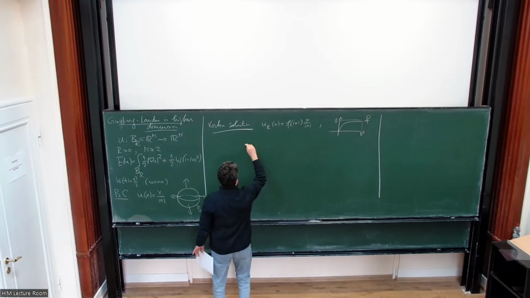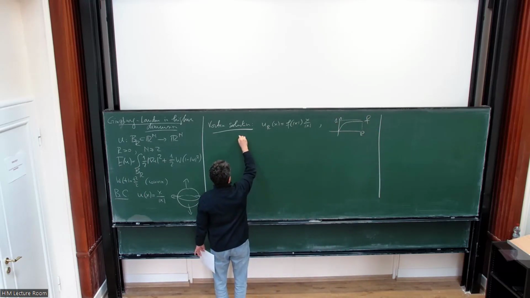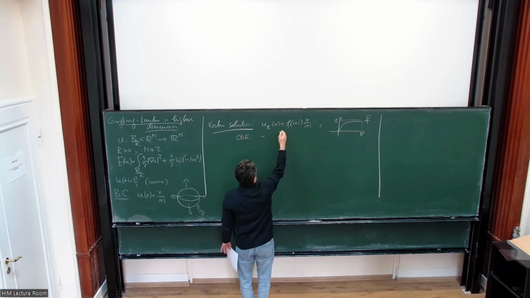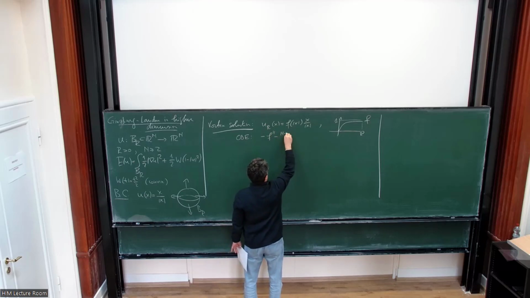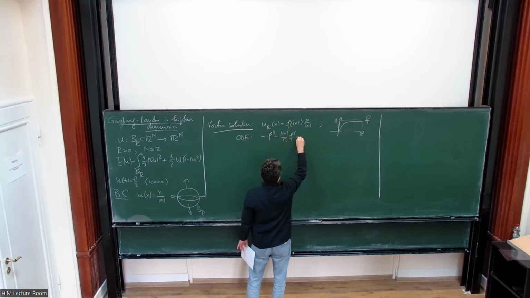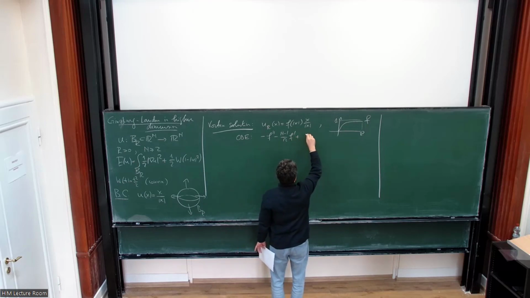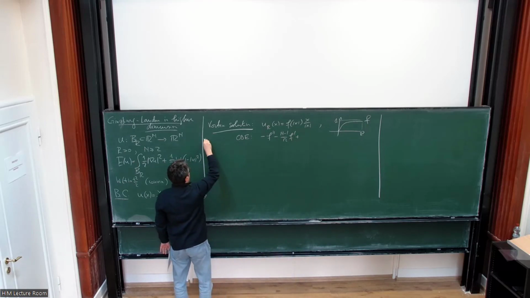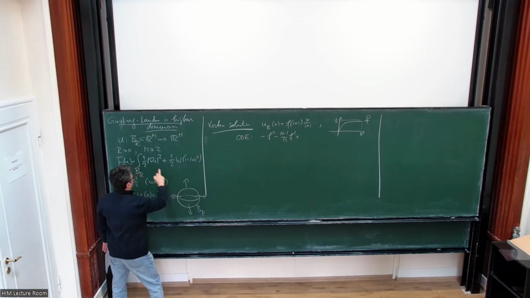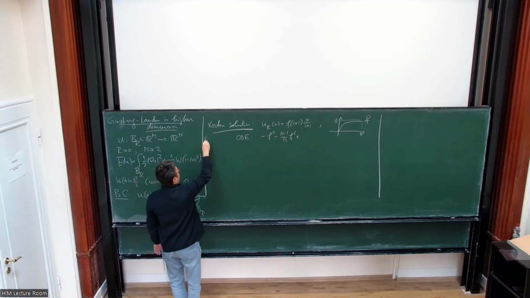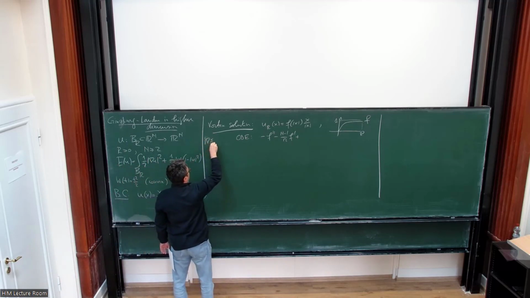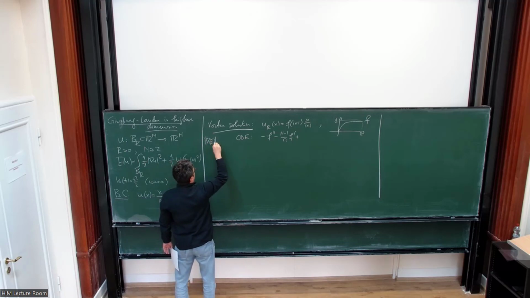Okay, so of course you have an ODE, which is the minus Laplacian, since it's radial. And here you have to check that when you plug in such a solution, you have to compute the gradient of x over modulus of x, and that's exactly n minus 1 over r squared.